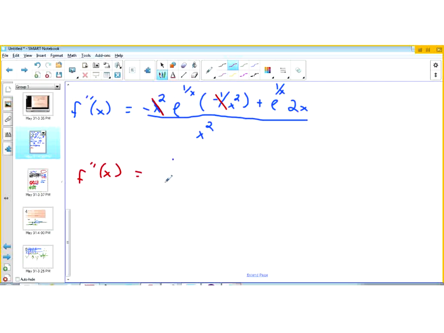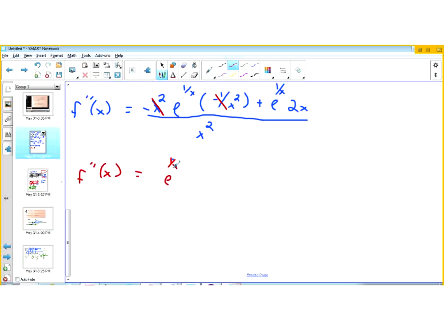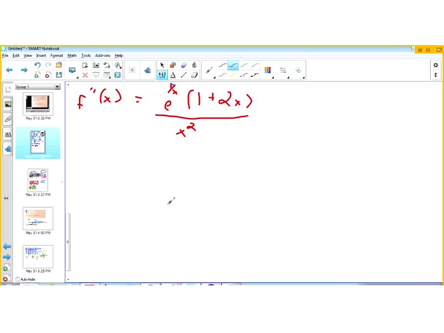So f double prime of x is equal to e to the 1 over x times 1 plus 2x, divided by x squared. Okay, so the table of signs for the second derivative.